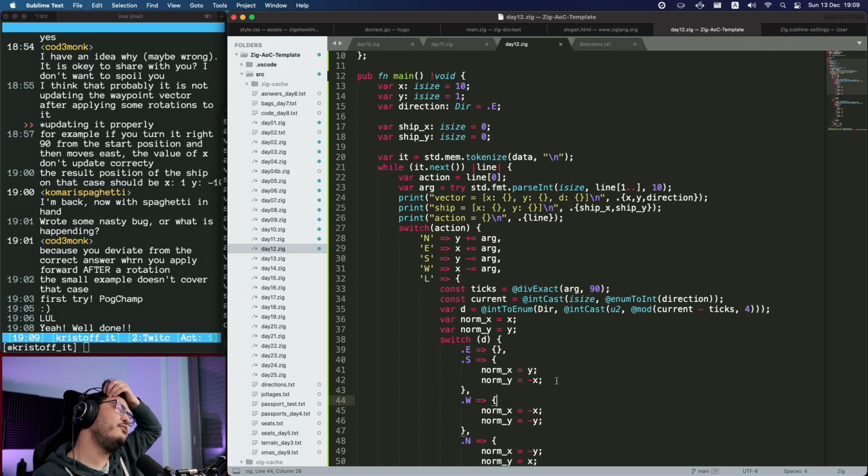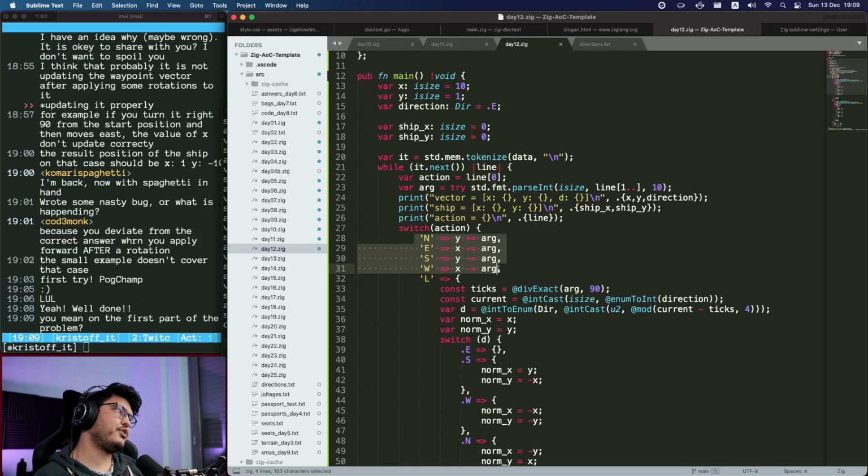Because the semantic of moving the ship, because we were told that moving the ship with the north, east, south, west thing would not change the direction, was like absolute stuff. But now when we're talking about vectors, I mean the first part of the problem, part 1.